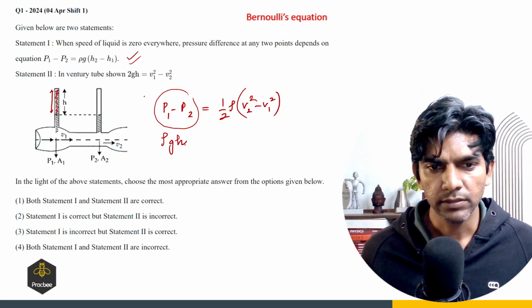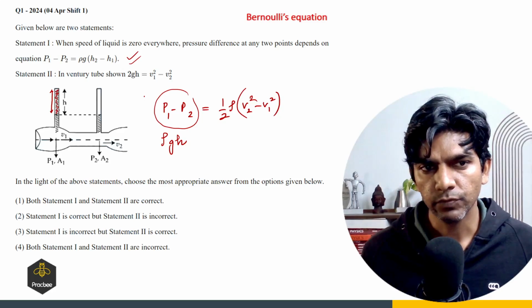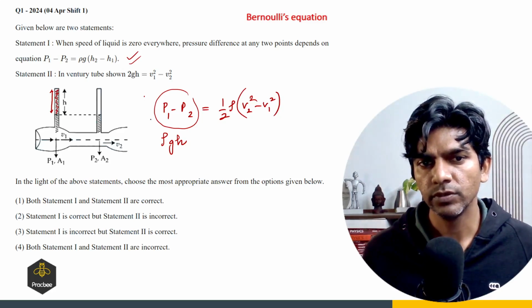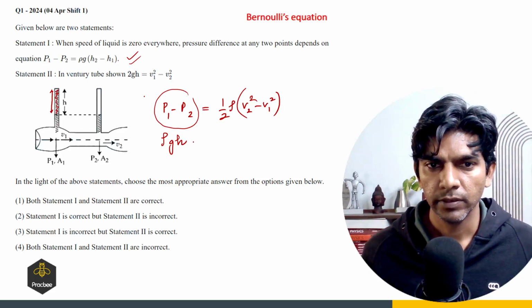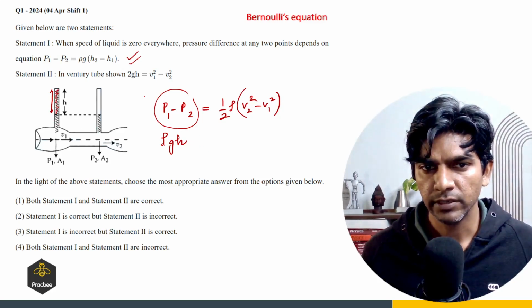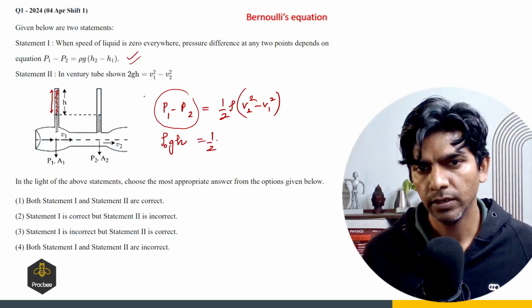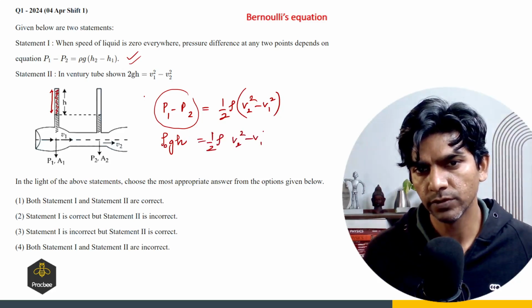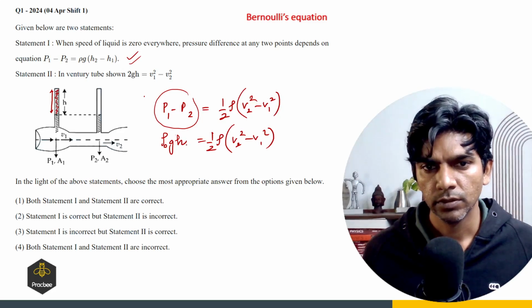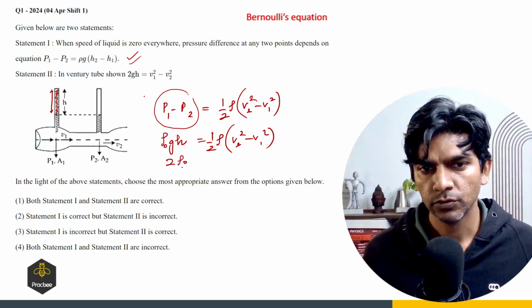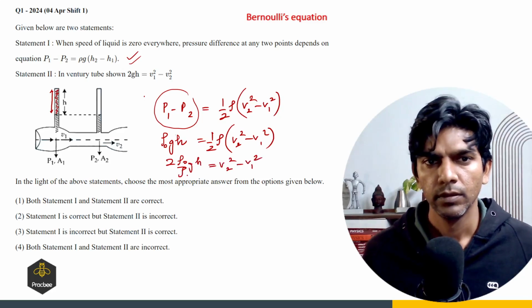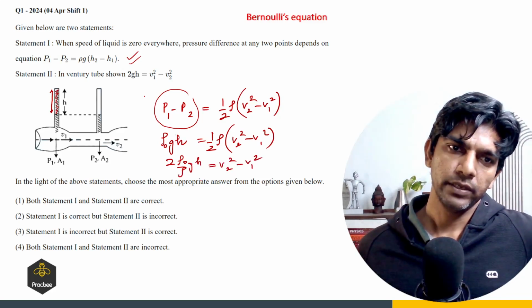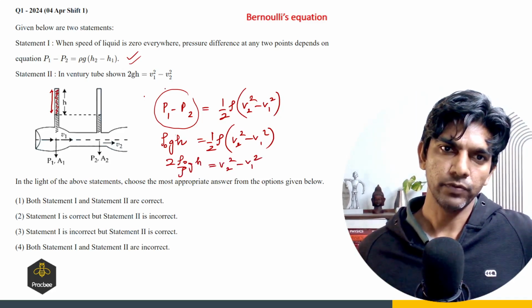In this case statement 2 can be correct if the fluid mentioned is the same fluid, but it is not the same fluid. So if we let its density be rho naught, then half rho (v2 square minus v1 square) comes out to be 2 times rho naught by rho times gh.